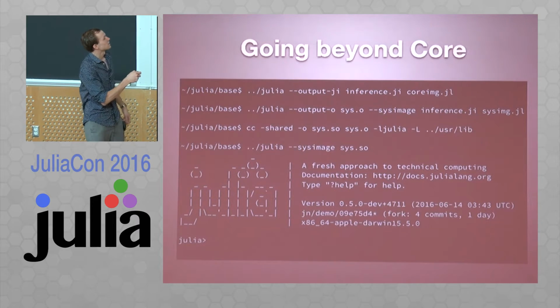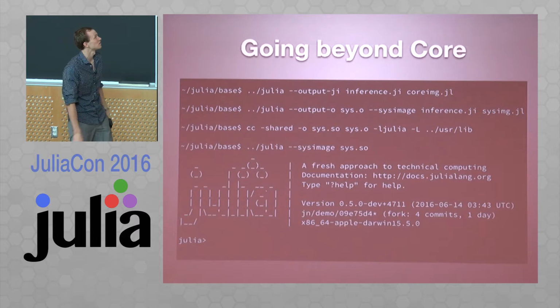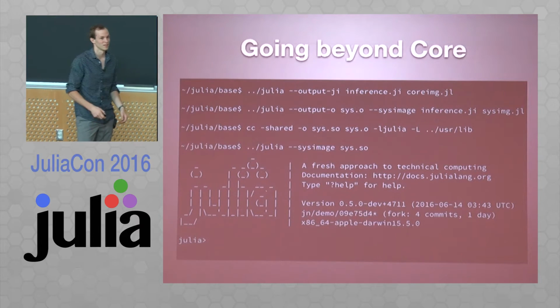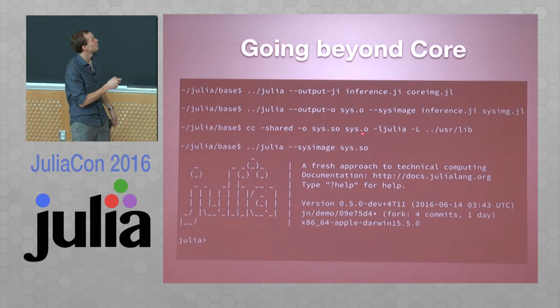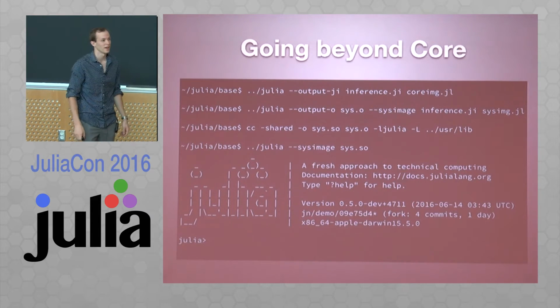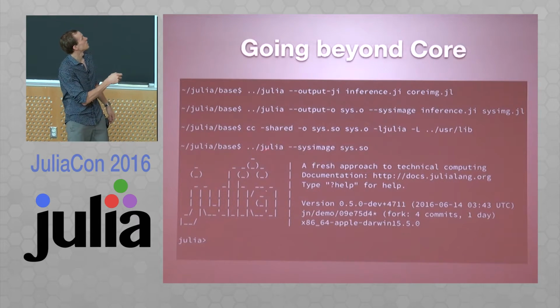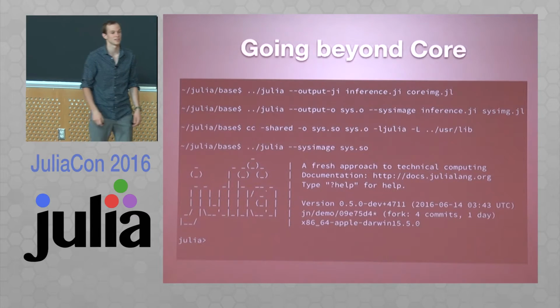Output file is a sys.o. If you've ever used a C compiler, .o is the standard object format for native code. And so in fact, we can then just pass that to our compiler, output our shared library object. And finally, we can show that Julia can go ahead and load that shared library object.